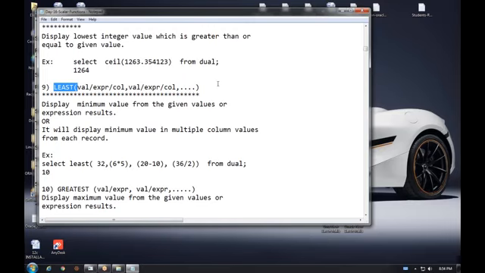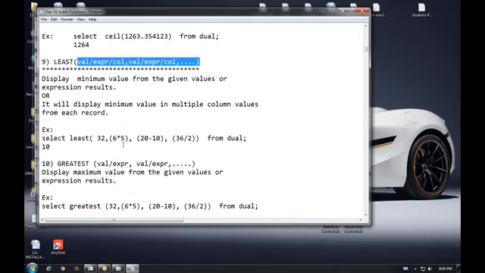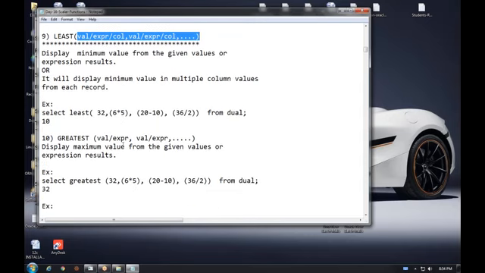If I explain like that, so many people don't understand. Just hold a moment. What is the use of least? Find out the minimum value from the given values. Simple answer. These are the values we are given, and here we have some values and some expressions.